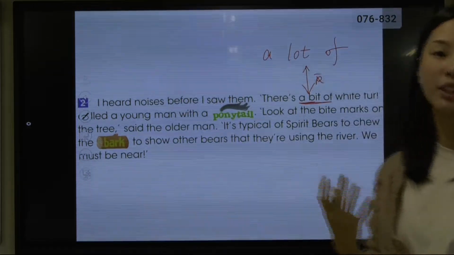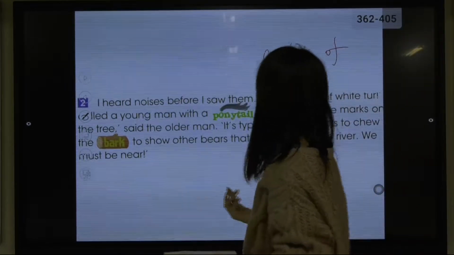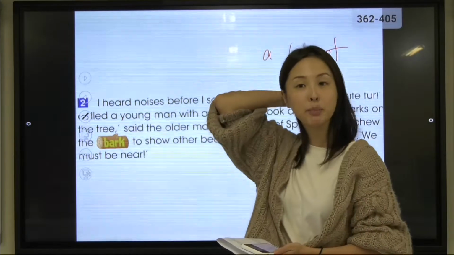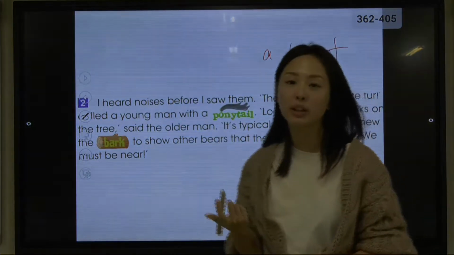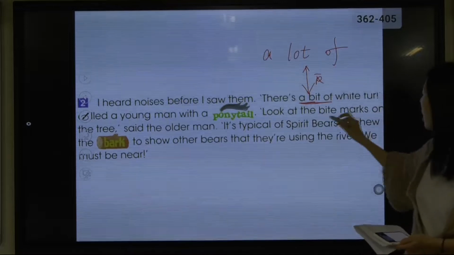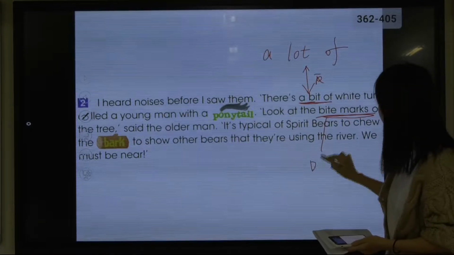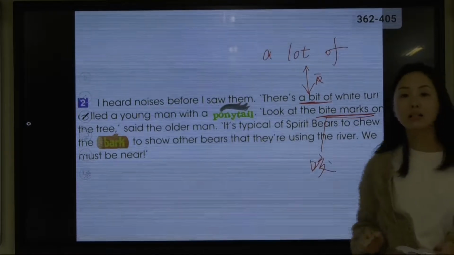Okay, so there's little white fur, called a young man with a ponytail. Do you remember what is ponytail? In Form 1, we learned this word, ponytail. Okay, 馬尾啊. Look at the bite marks. Bite. Marks, 標識.